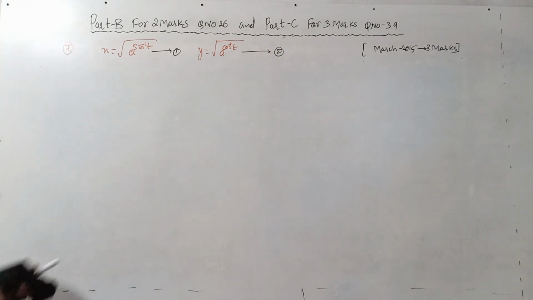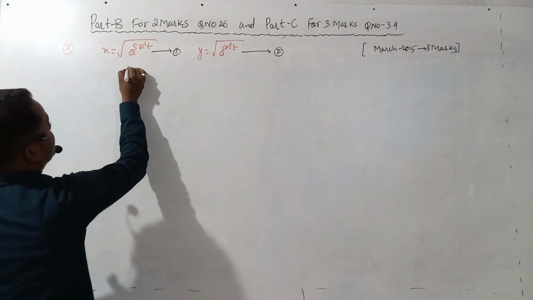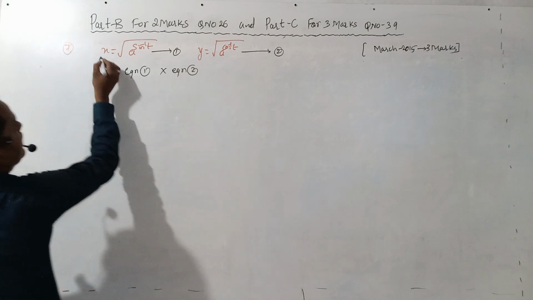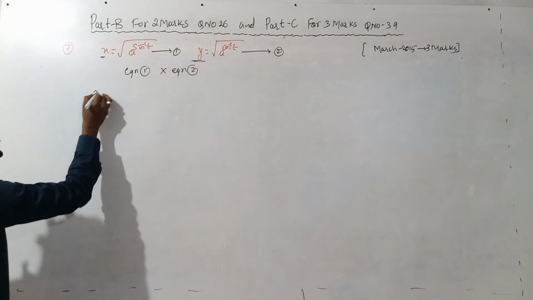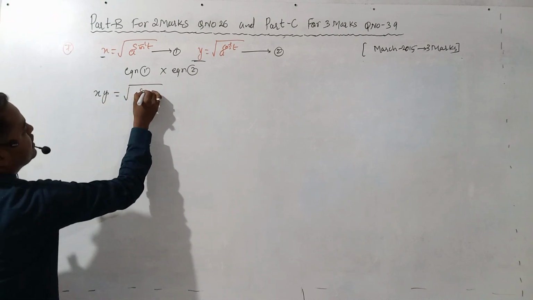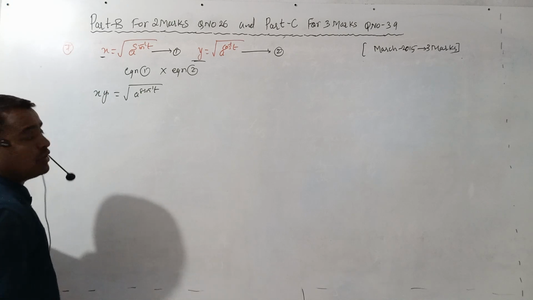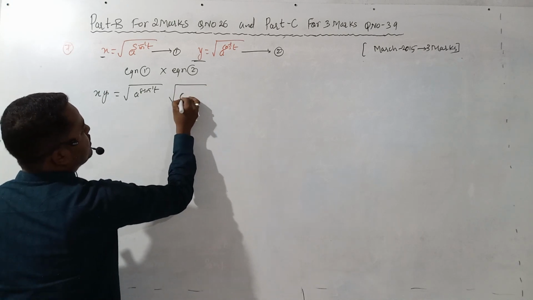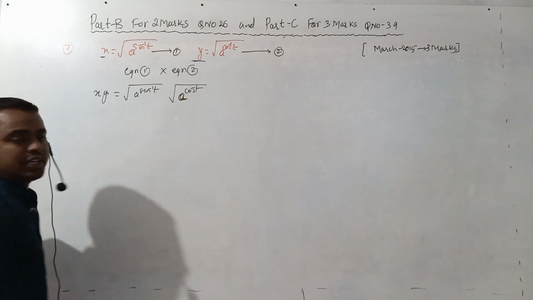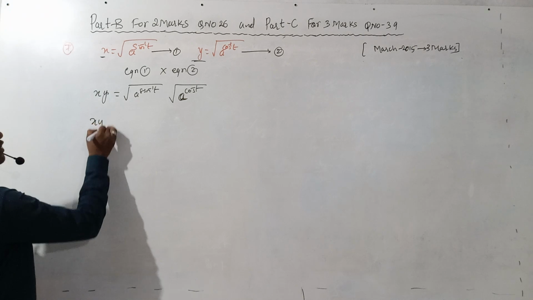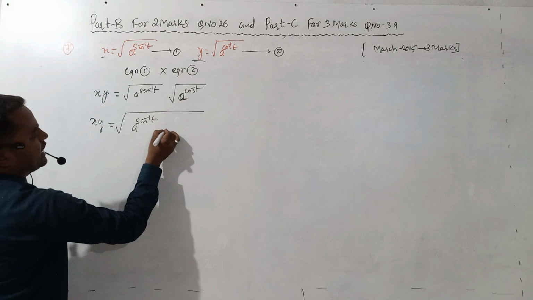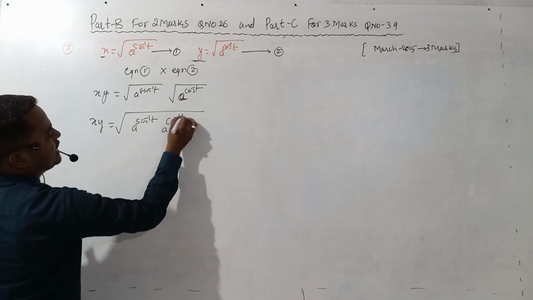Multiplying equation 1 into equation 2, x into y is equal to root of a sin inverse t into root of a cos inverse t. Then x into y is equal to root of a sin inverse t into a cos inverse t.